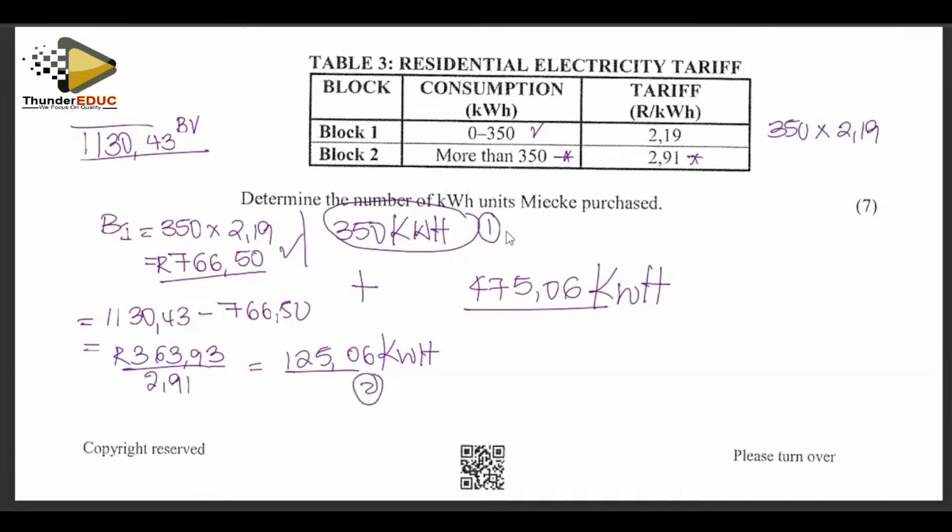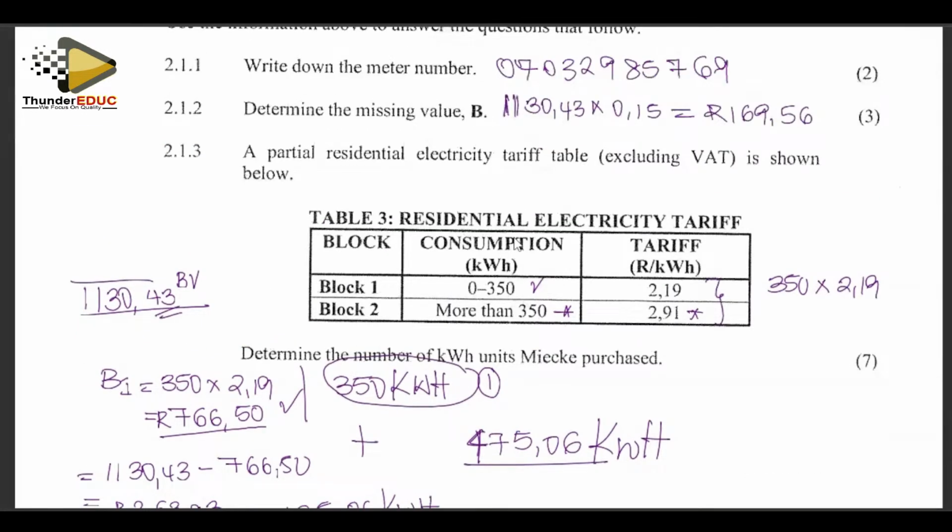We add the two and get the final answer. We are using this value without VAT because the values we see here exclude VAT, as you see stated here.